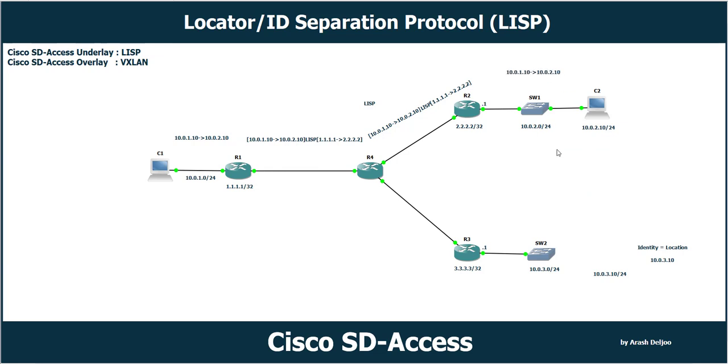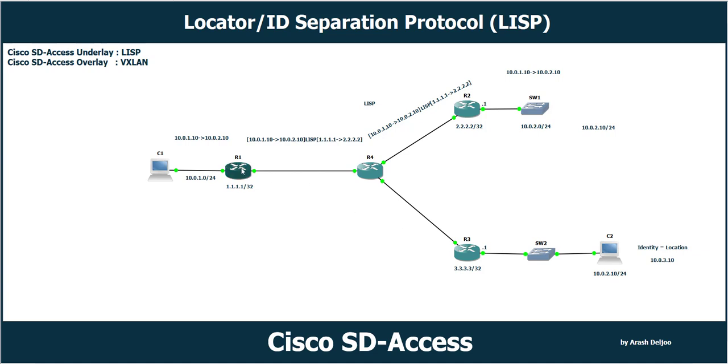And after that, assume that computer 2 moves to the next location, to this location. The interesting fact is that in this location we don't need to change the IP address of computer 2. Don't worry again about the details. Assume that here again this computer keeps its original IP address, 10.0.2.10.